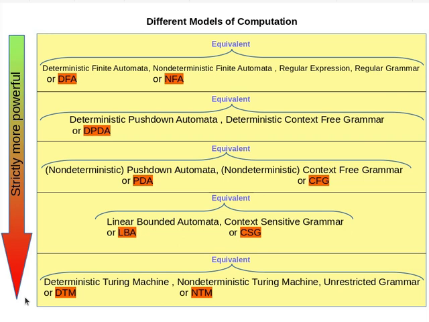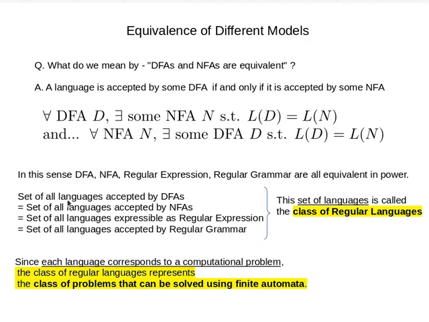See, the job of all these models is to solve some computational problem, right? And the computational problem, we have reduced that to some language. So to solve the computational problem means to construct some model which can accept the language associated with that problem, right?